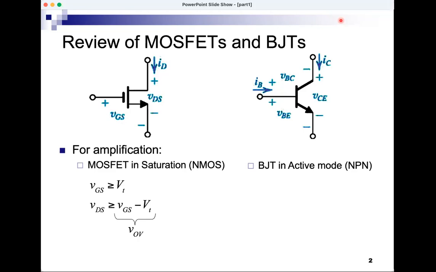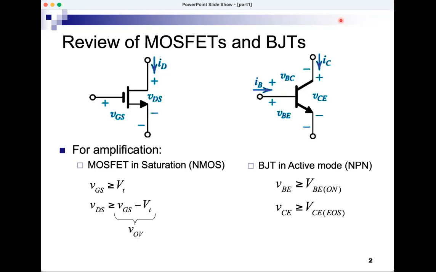They should be large, and VBE should be larger than VBE on, which is around 0.5 volt, and VCE should be greater than VCE edge of saturation, which is that 0.3 volt value we used to check. So VBE greater than around 0.5 volt for silicon NPN BJT, and VCE greater than 0.3 volt for silicon NPN BJT.